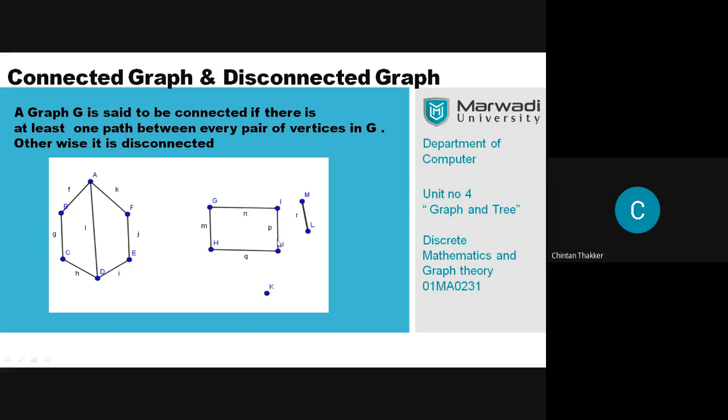Now consider this whole graph: this rectangle, this straight line and this dot. The combination of these three is one graph.